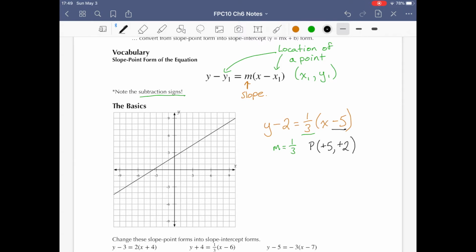Now we can graph this equation here. So let's graph it. So we go to the point 5, comma 2. We start at the point 5, comma 2, and then we do our slope. Our slope is up 1/3, and we can go the other way.